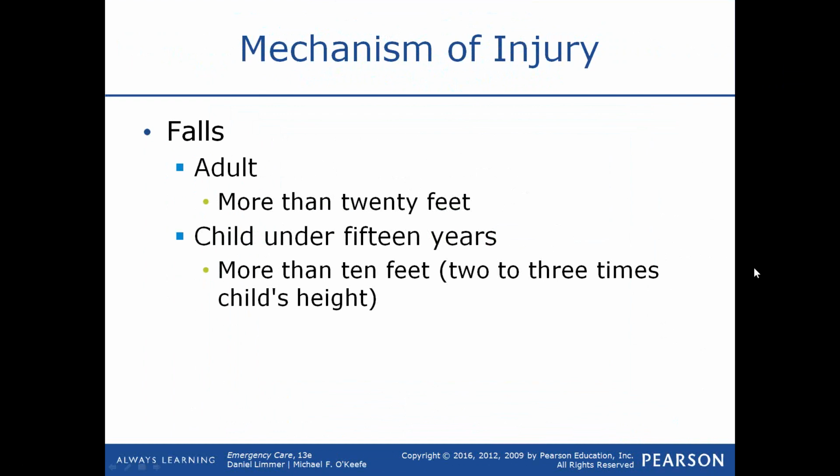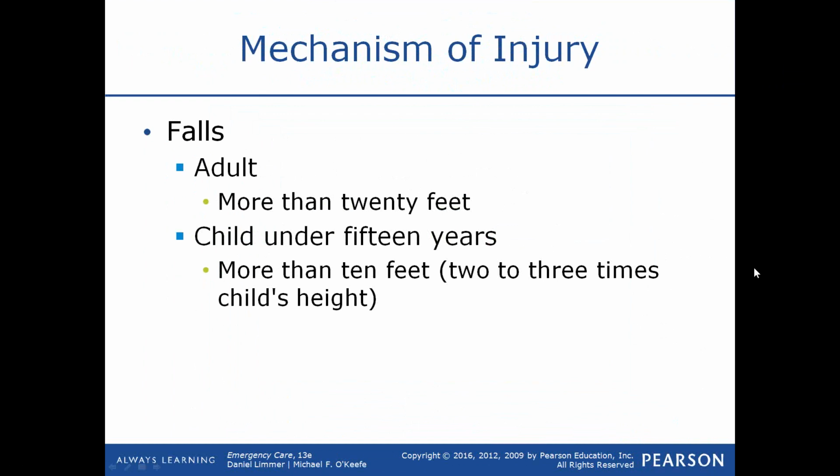Now, with a fall, typically anymore, they say if a person has a same level fall, that's usually not a reason for serious life-threatening injury. But if they fall more than 2 stories, or more than a story, and they say a story is somewhere around 12 feet.